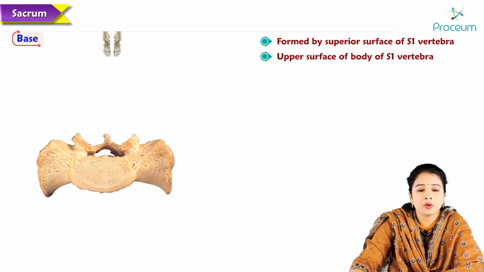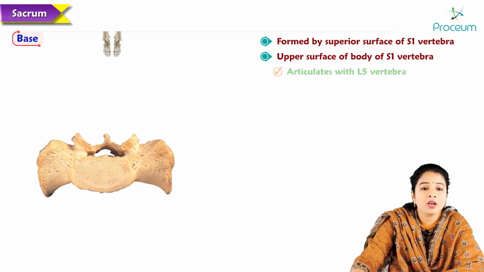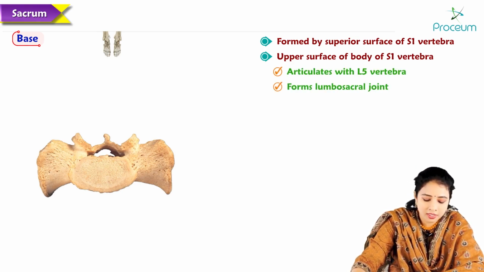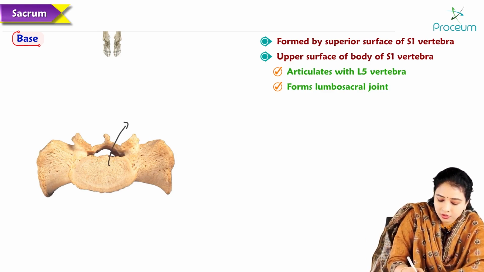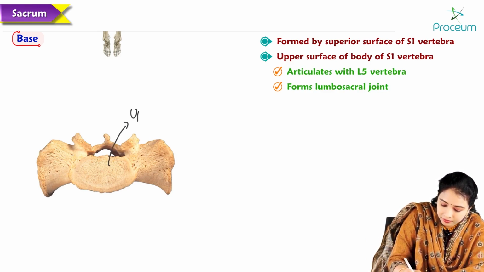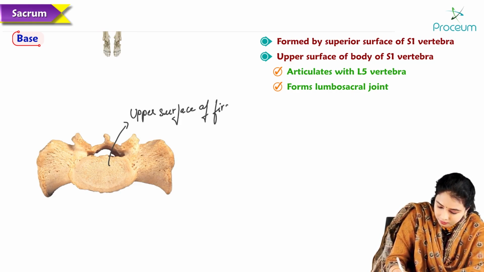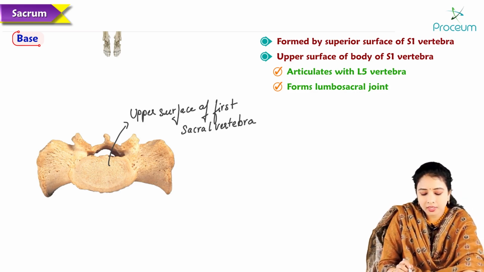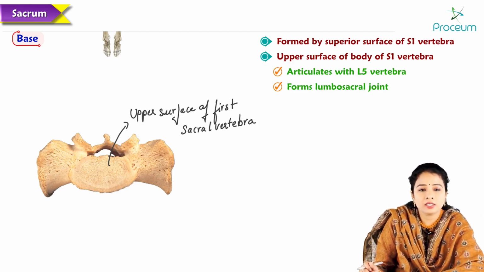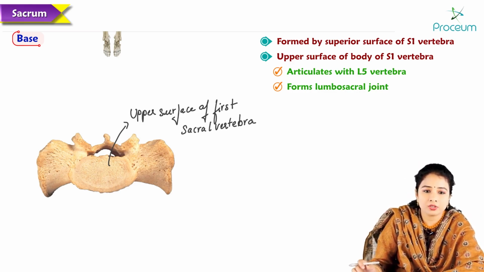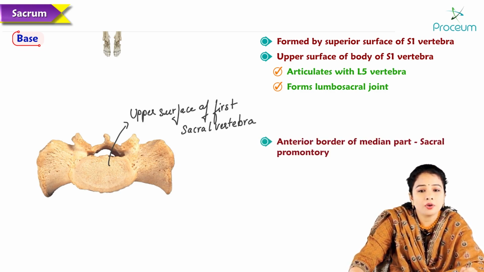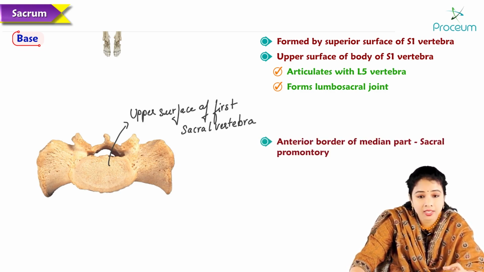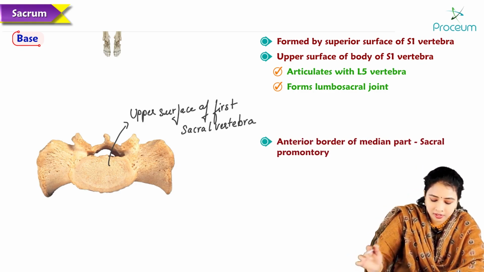The upper surface of the body of the first sacral vertebra articulates with L5, the 5th lumbar vertebra, to form the lumbosacral joint. The anterior border of the median part of the base is called the Sacral Promontory.